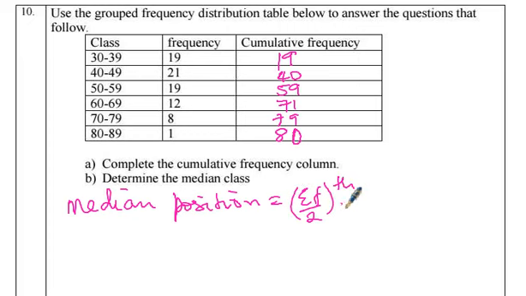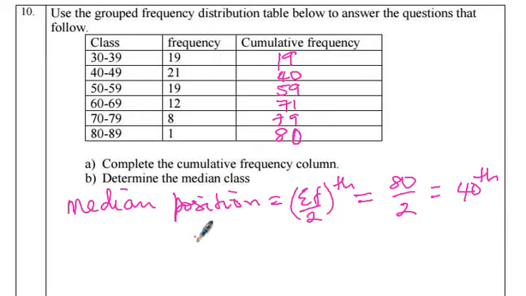Do not forget, the median is just the middle term. Now what is our summation f? The summation of f means adding all the frequencies. But since we have cumulative frequency here, the last number should be the summation of f. So we can write 80 out of 2, and this gives us the 40th position.